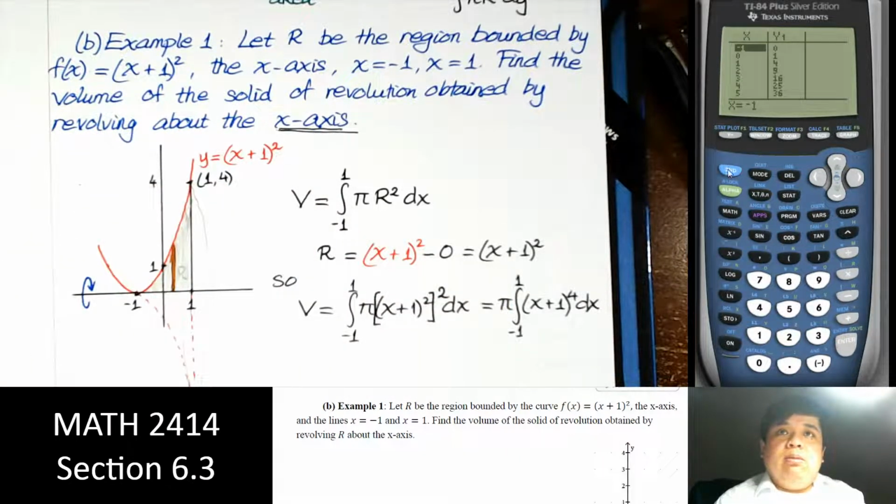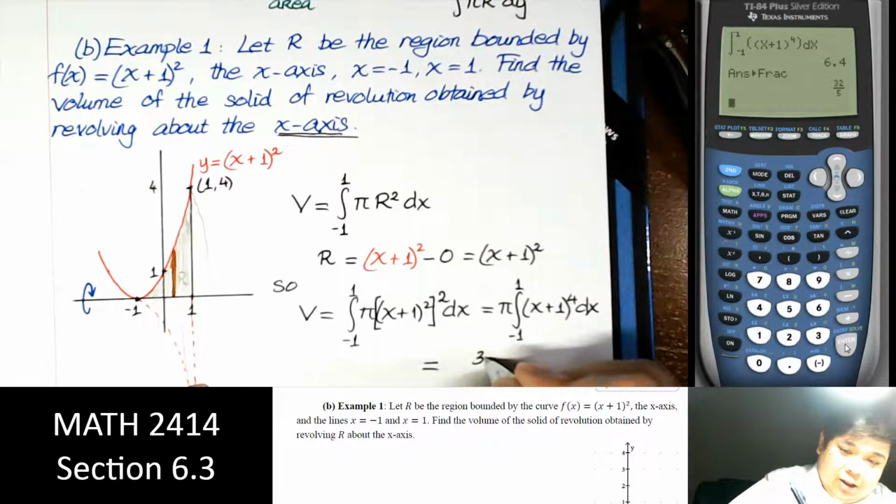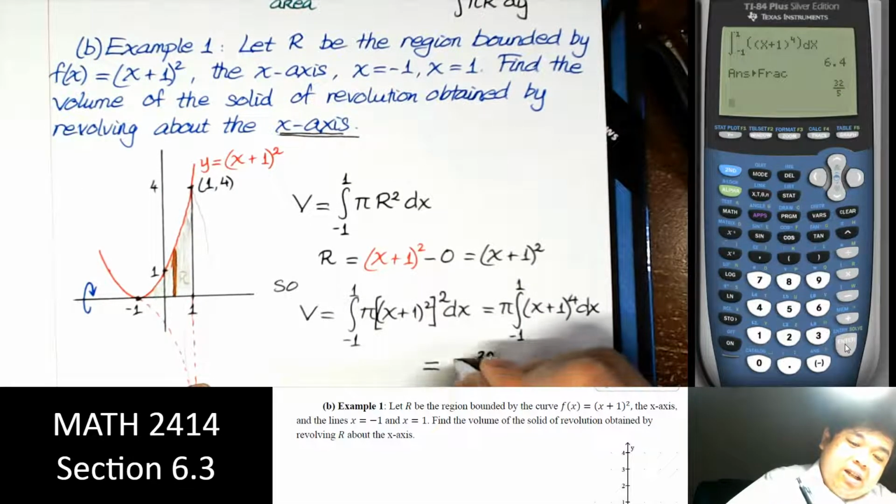and math, and then we just do the integral from -1 to 1 of x plus 1 to the 4th power, convert to fraction: 32 over 5, and then at the end stick a pi to it.